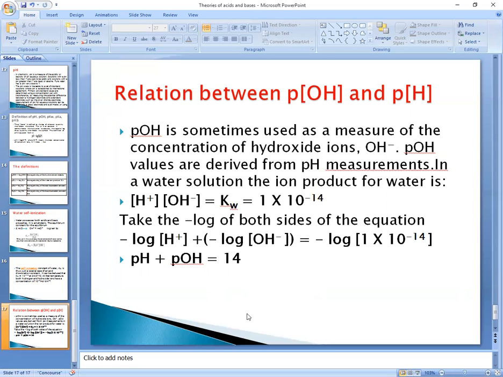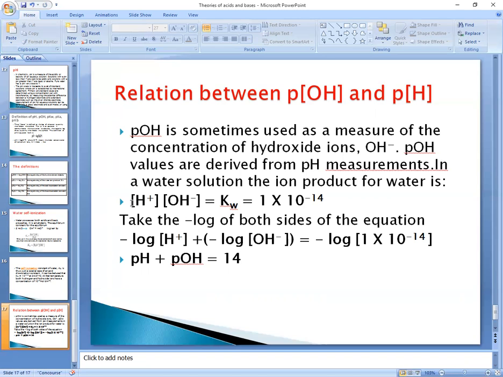In a water solution, the ion product for water is Kw. As we understand, the product of concentration of hydronium ion and hydroxide ion is equal to Kw, and its combined value is equal to 10⁻¹⁴. Now take negative log of both sides.